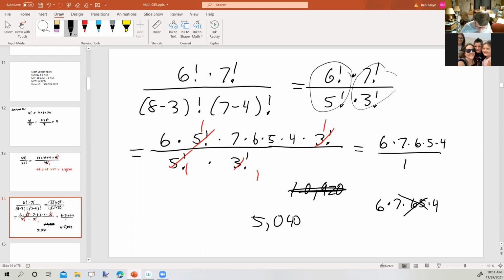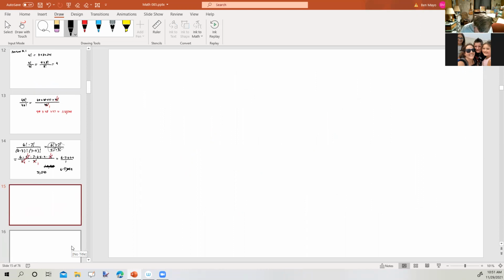Okay, we're going to go on to section 14.2, where we looked at arithmetic sequences. And they gave us some specific formulas to use on specific problems.